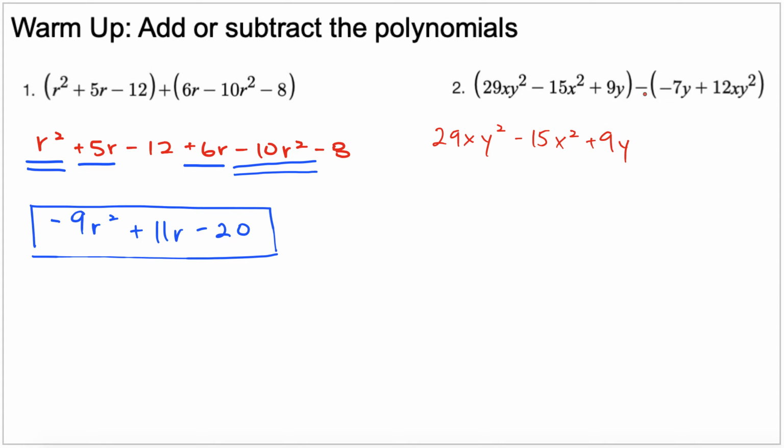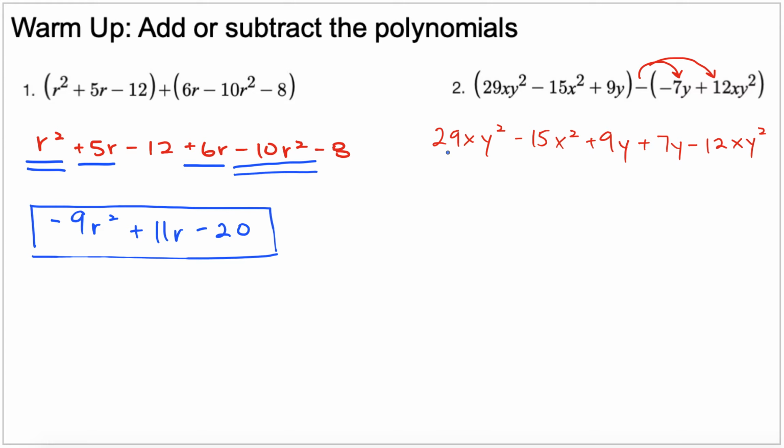So I'm going to have to distribute this negative into every term inside my second group, or my second parentheses. So I have negative times negative 7y, which is positive 7y, and negative times positive 12xy squared, which is negative 12xy squared.